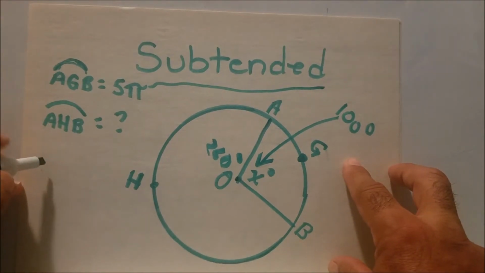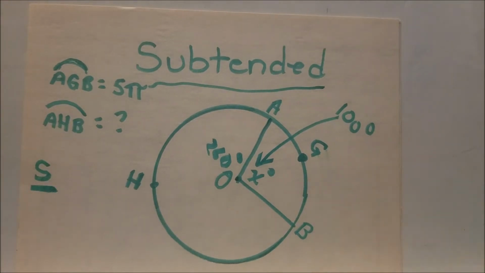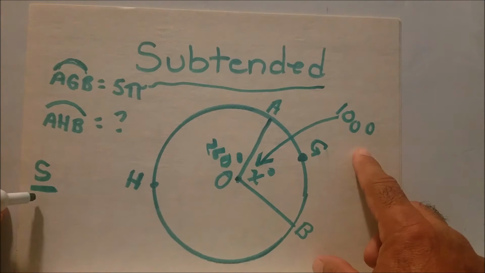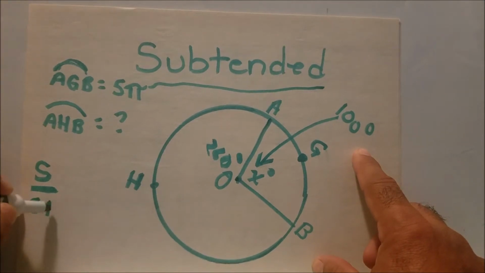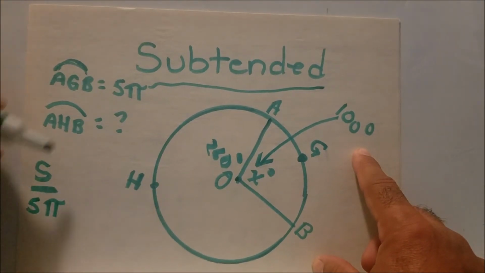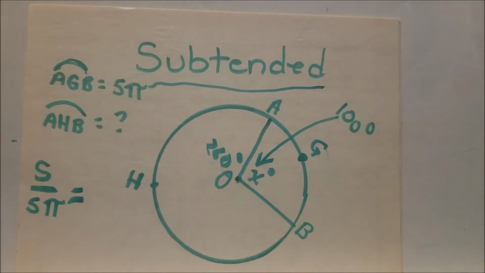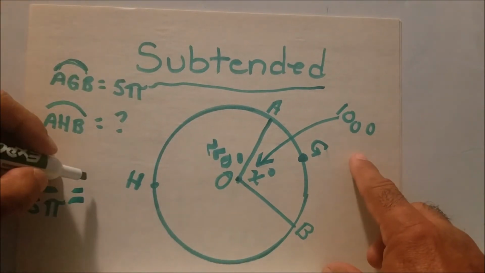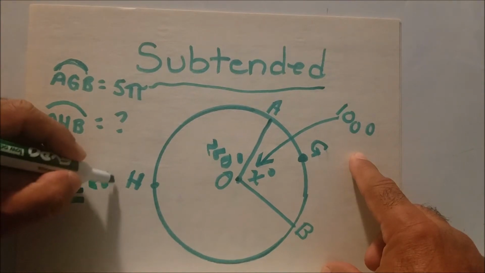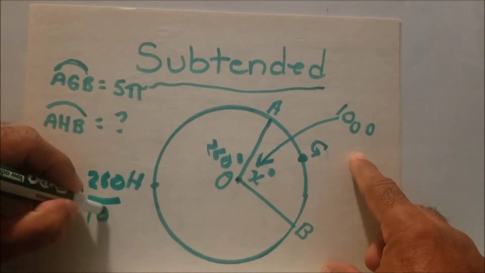So we're going to say that the arc length we're looking for, S, because they use that for the arc length a lot. Try not to confuse that with a 5. So the ratio of S over 5 pi, because that arc length S is AHB, is set up as a proportion with the degrees, 260 over 100.